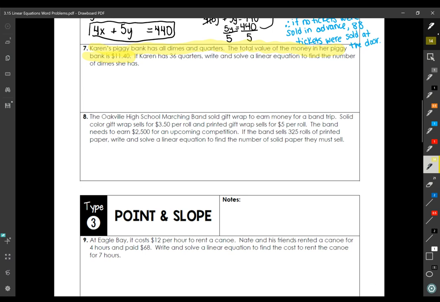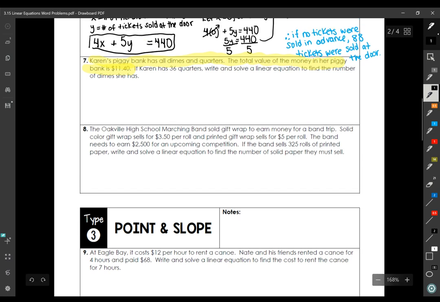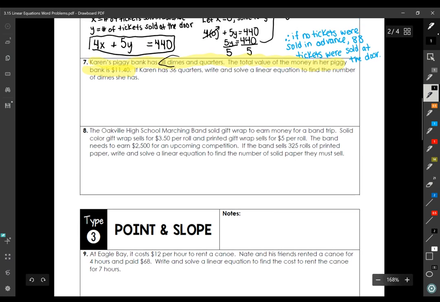Remember, when we are relating two different objects, here dimes and quarters, it doesn't matter which one I say is X. I'm going to let X equal the number of dimes, why not? And I'm going to let Y equal the number of quarters.